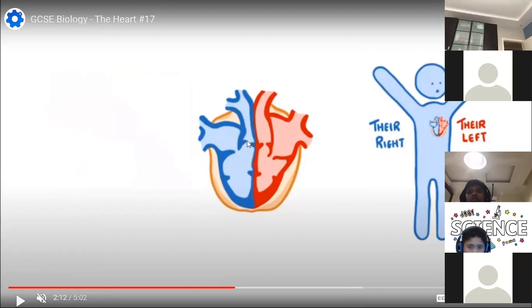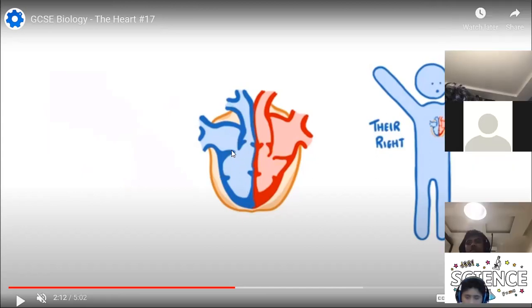If you don't close the gates back, it will go back into the atrium, and then it will just keep going back and forth: atrium to the ventricle, ventricle to the atrium. So that's why the valves are there, to keep the traffic of the blood in one direction so it doesn't come back. Does anybody have a question?